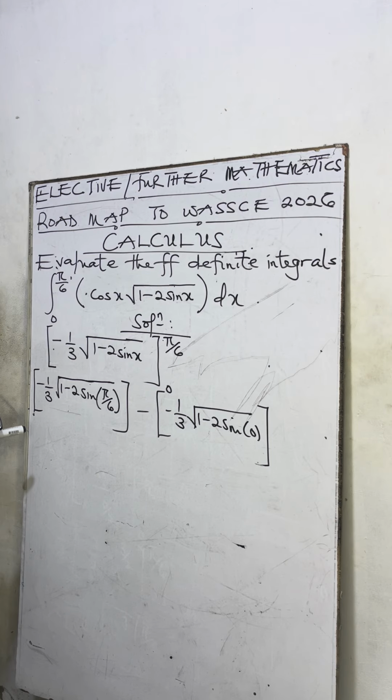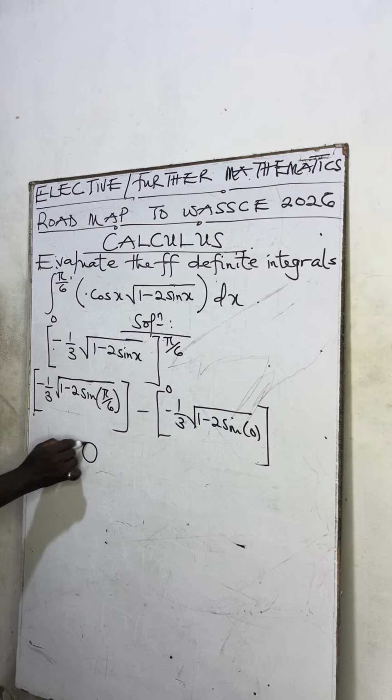So let me punch the whole of this in. Square root of 1 minus 2 sine, that's pi, negative 1 over 3 times square root of 1 minus 2 sine of my fraction, pi on 6. I close the bracket.